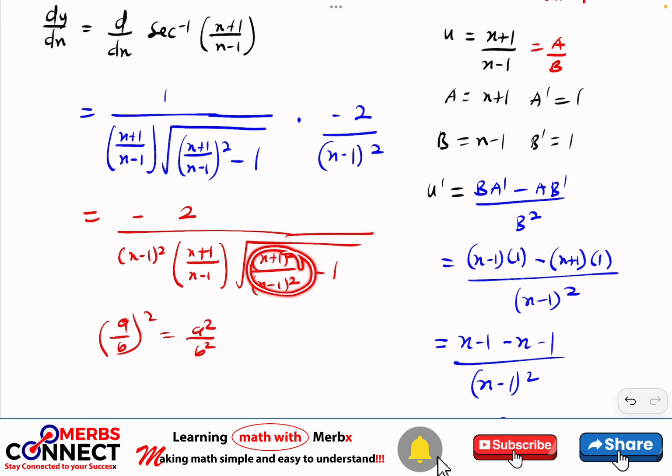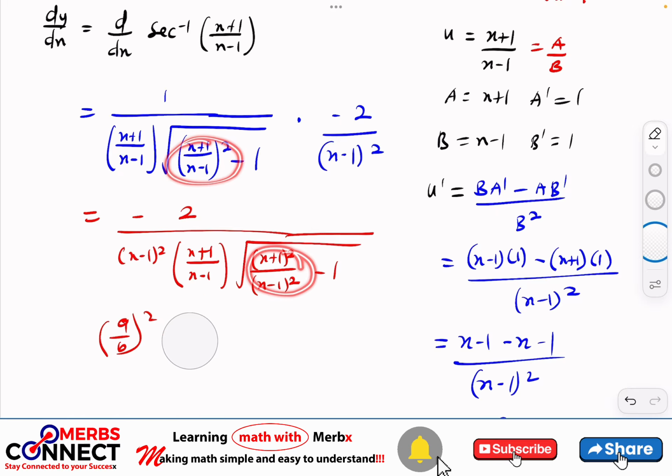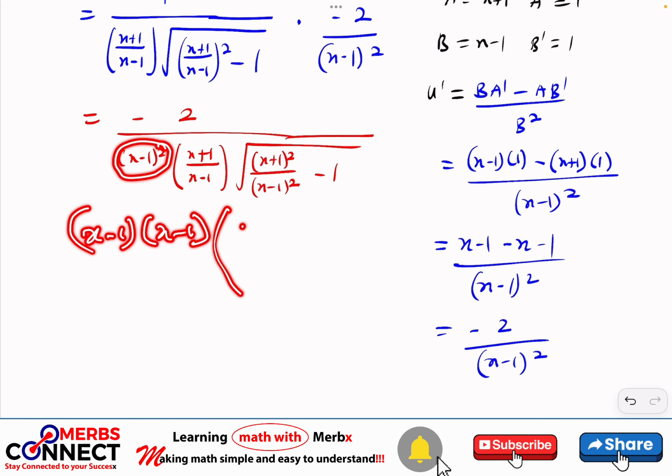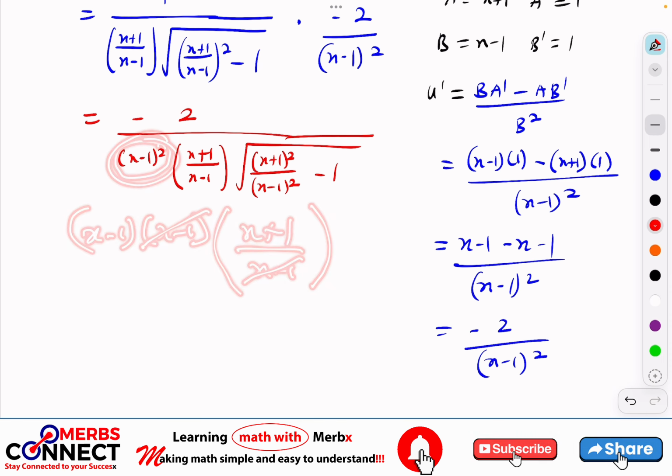That's what we use to expand this one here. Okay, let's go again. Now we can cancel one of these, right? Because this x minus 1 squared is the same as x minus 1 times x minus 1. So we can cancel one of these, and it will be left with just 1 from there.